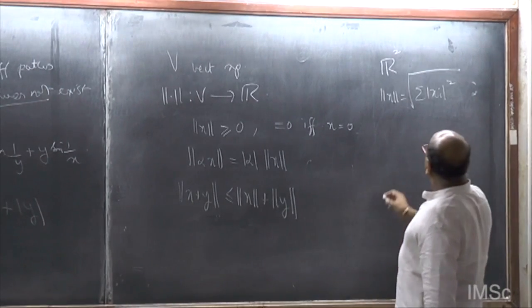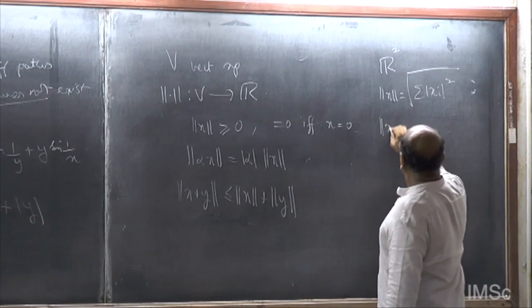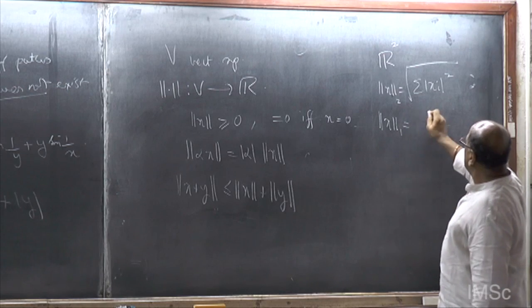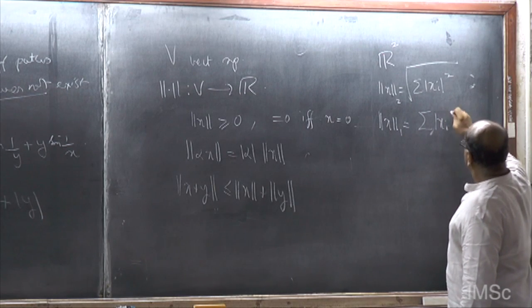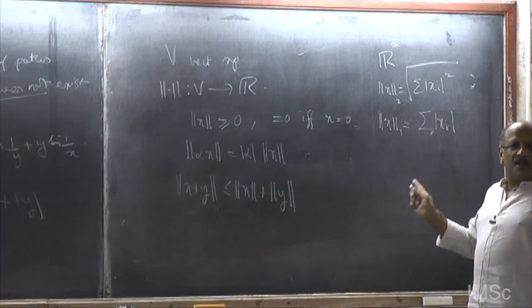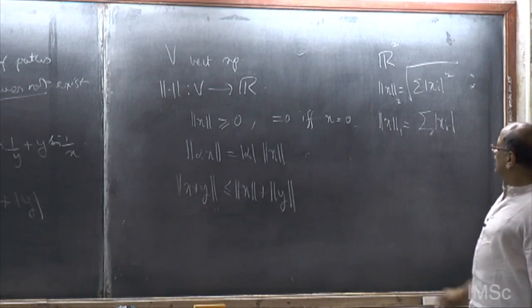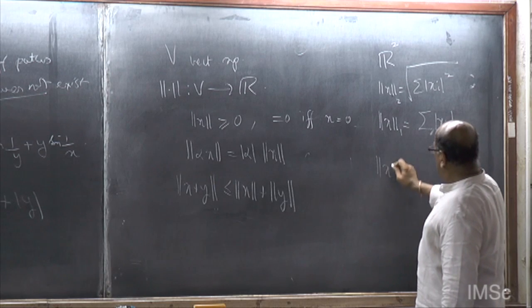So, another norm you can do. I will call this norm 2, I will call this norm 1, this is sigma mod xi. This is also a norm, you can verify all these properties. And there is one more.